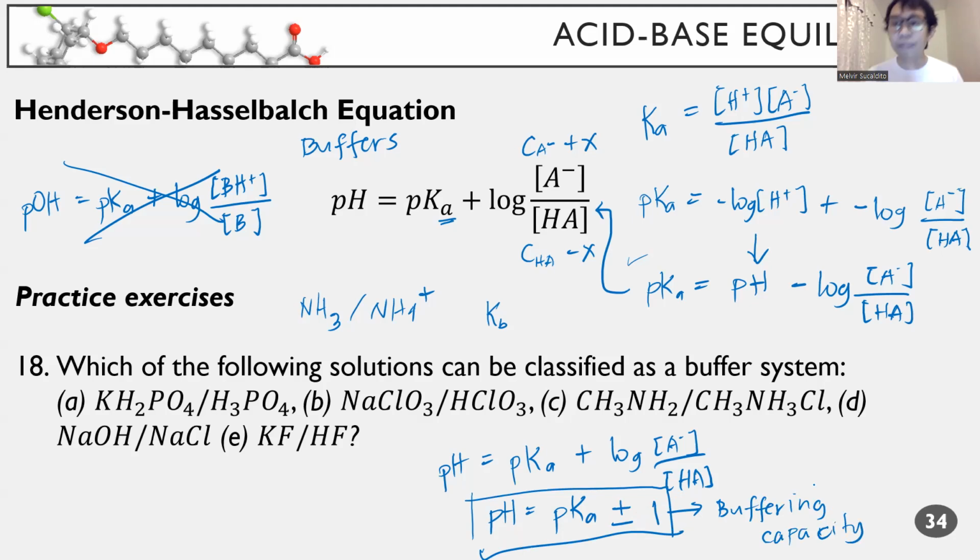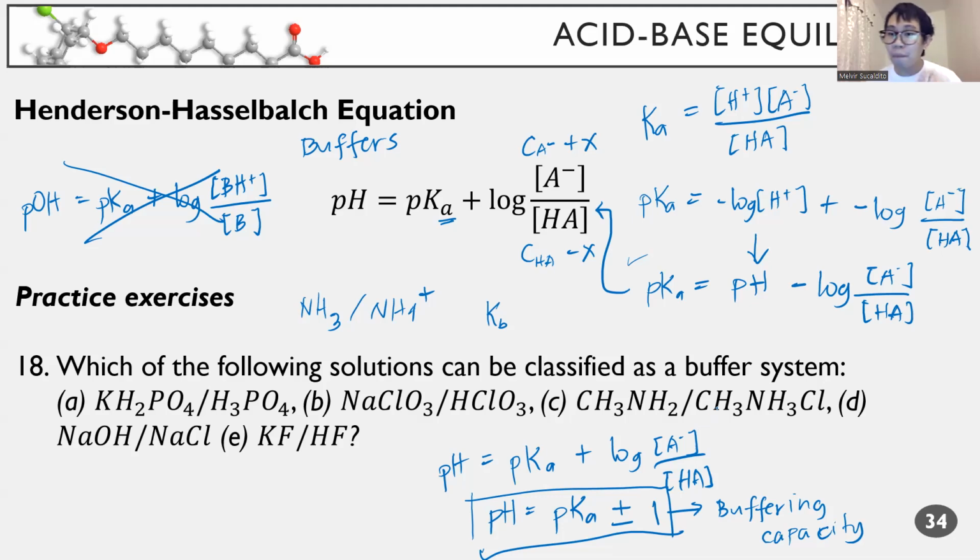Meaning if you want your buffer to work properly, it has to be within this limit. Because if the concentration of the weak acid is very, very low, for example, then most likely it will not act the way it should.